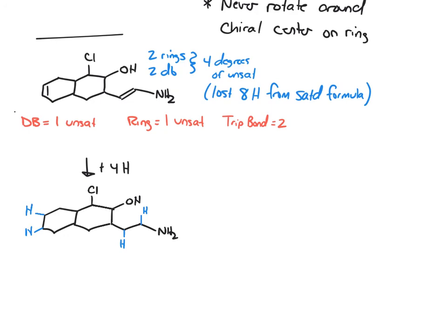But then, these rings each count as 2 unsaturations. So let's hypothetically say we break these rings apart. Well, where you break those bonds, you have to fill those in with some new bond. So you would need to add a hydrogen to each of those carbons. We had one there and there.